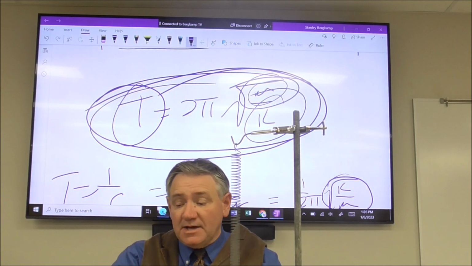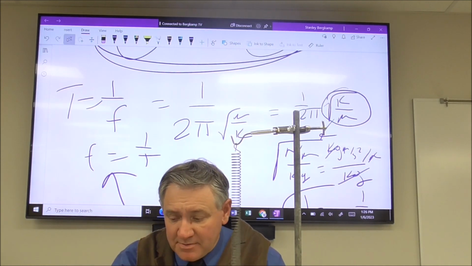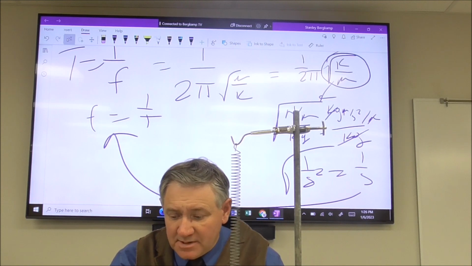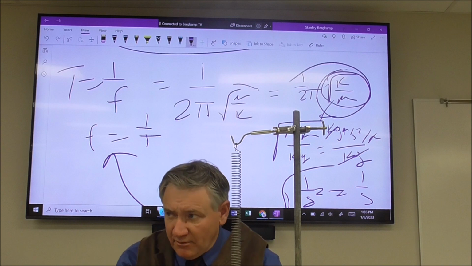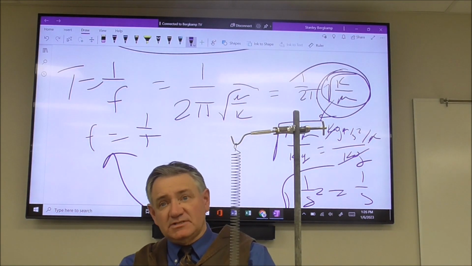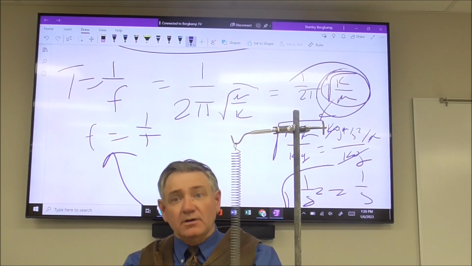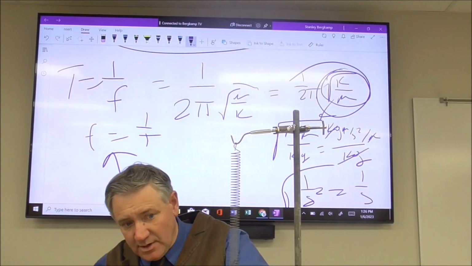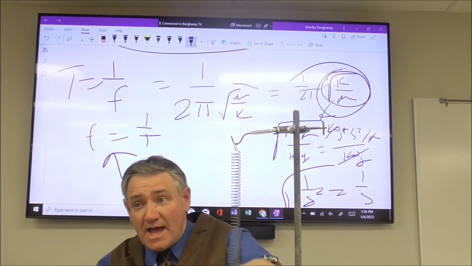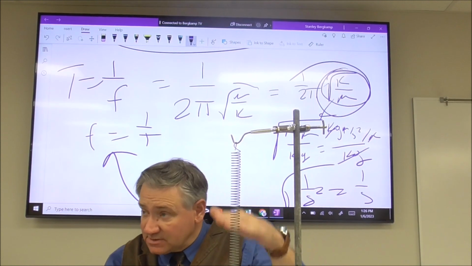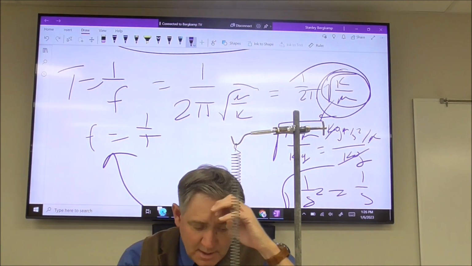But then what's going to happen if you come down here? If you talk about frequency, which is k over m, if I increase the mass, what's going to happen to the frequency? It's going to become smaller. So if I put more mass on there, this is going to take longer to oscillate, but you won't have as many vibrations per second. This is why those are like inverses of each other.